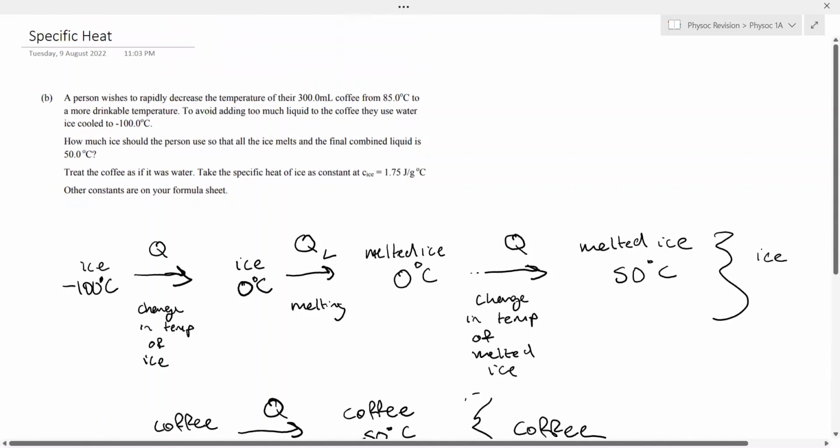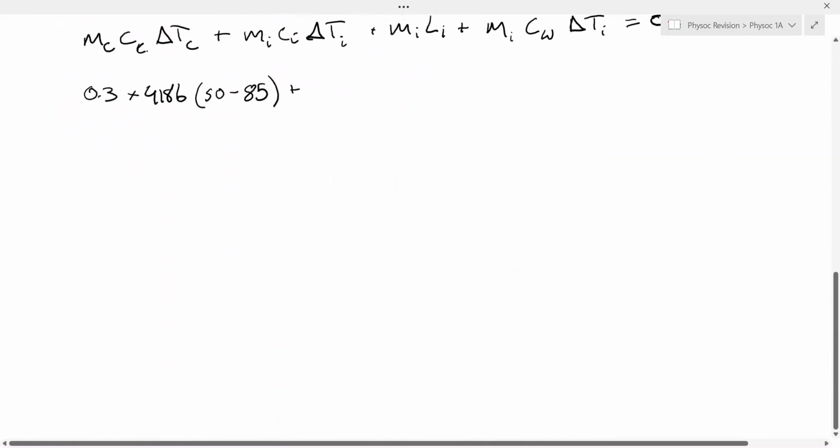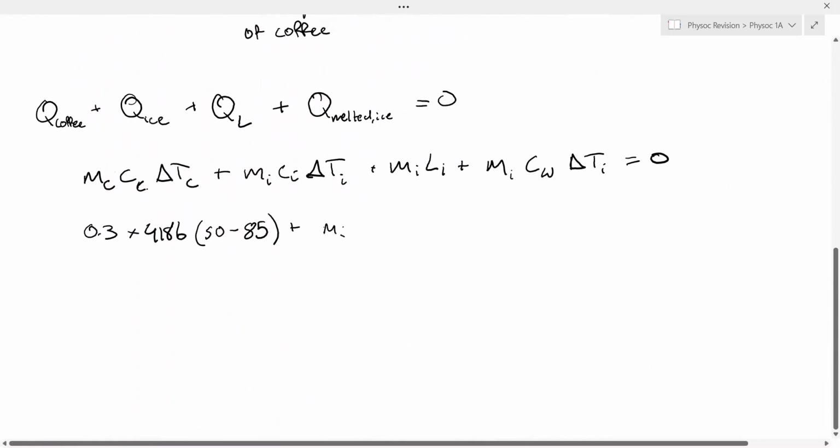That's what we need to find. I think that's what we want to find. They didn't actually, oh yeah, there it is, how much ice. All right, so M_I, we don't know. The specific heat of ice they gave us, it was 1750. And then our change in temperature is final minus initial. It ended up as 0 minus negative 100.